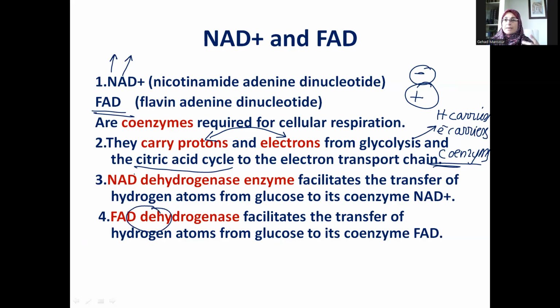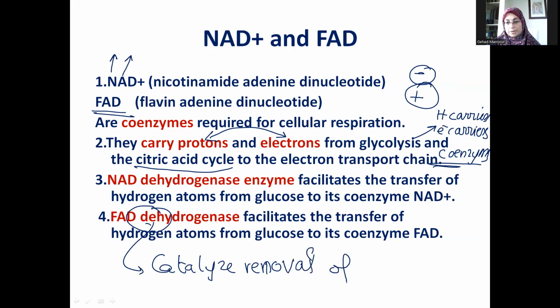So both enzymes catalyze removal of hydrogen, meaning that both enzymes catalyze oxidation, removal of hydrogen from the substrate, which is glucose. But in NAD dehydrogenase, that hydrogen will be transferred from glucose to NAD. So glucose will be oxidized and NAD will be reduced.